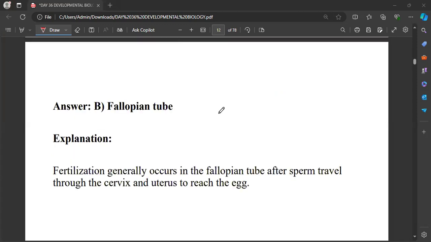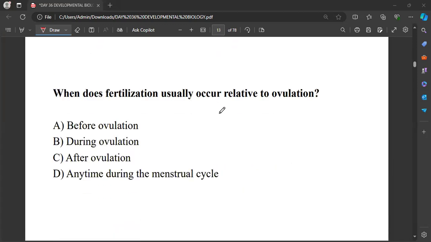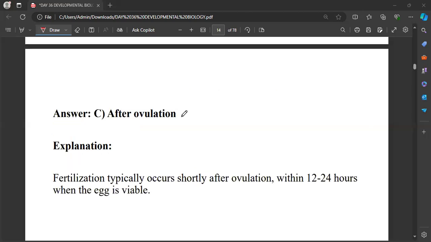That will be in the fallopian tube. When does fertilization usually occur relative to ovulation? That will be after ovulation, within 12 to 24 hours after ovulation.